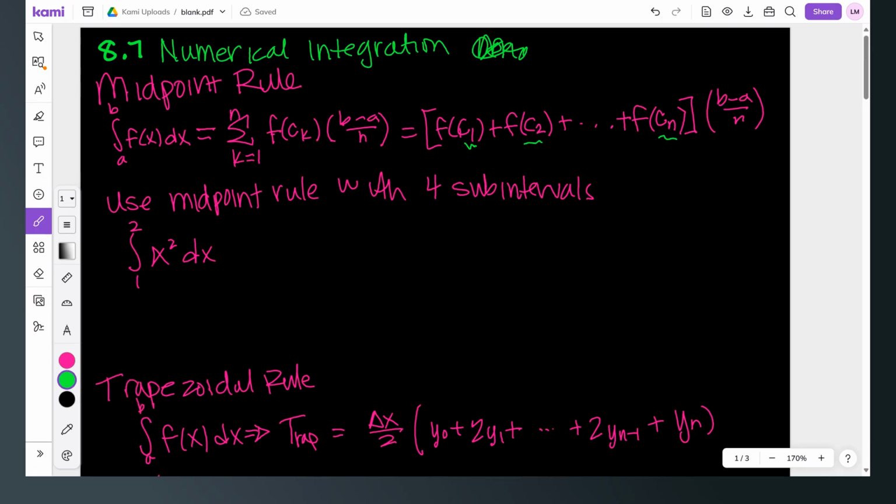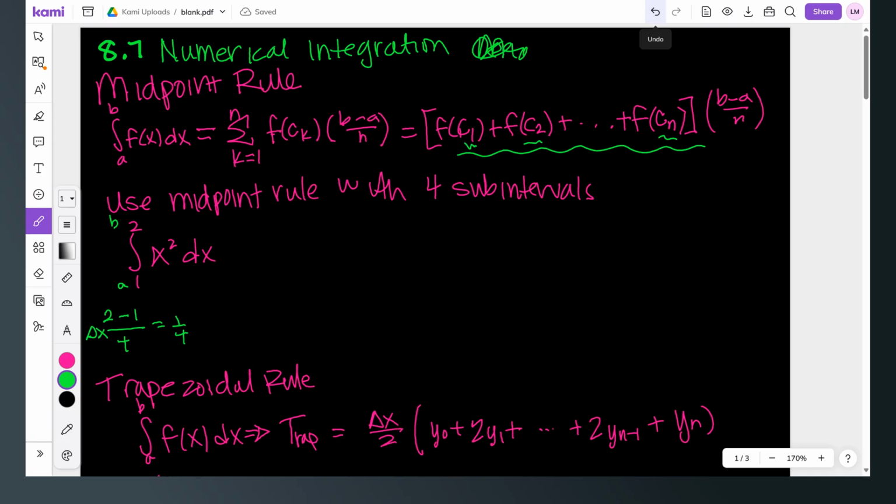Over 4, since we're going to do 4 subintervals, that is 1/4. Now I'm going to use this formula. Remember, this is from a to b, that's where I got those numbers. So this is my delta x.